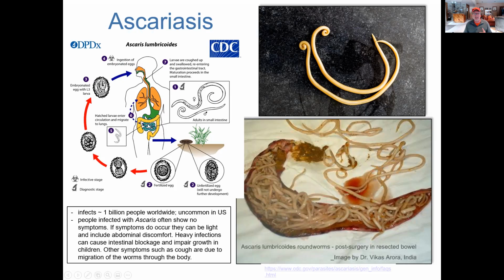And what makes these things even worse is that some of these worm stages will actually burrow out of the small intestine and burrow into the lungs. And then you cough up the larvae, and it goes back into your digestive system.